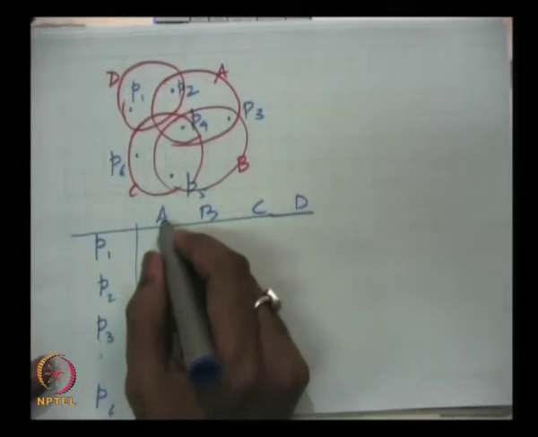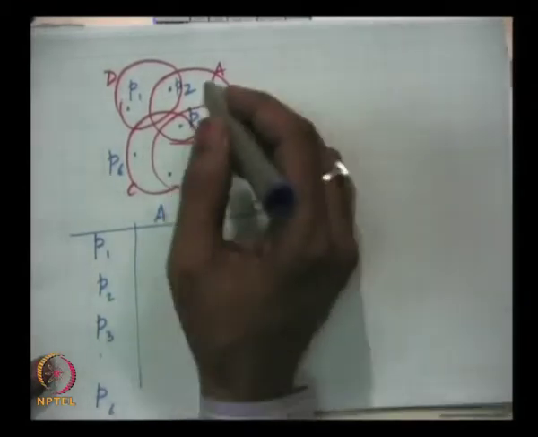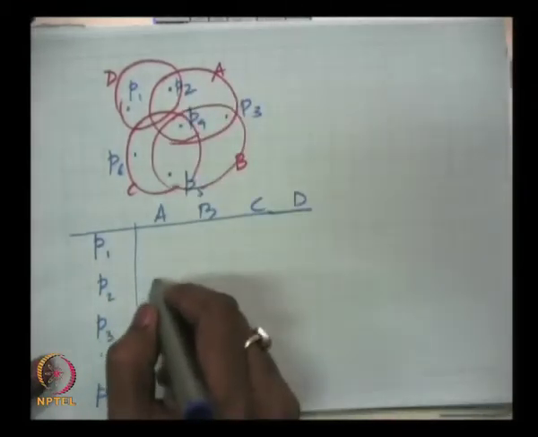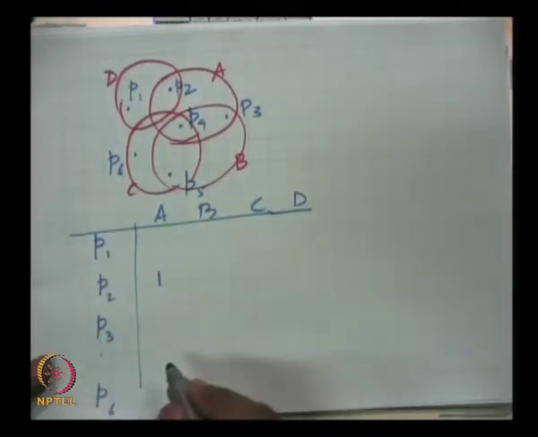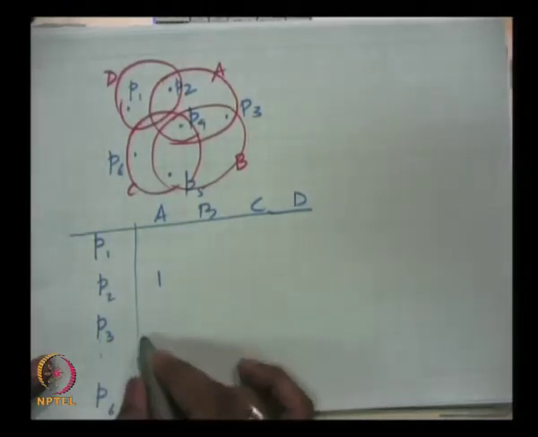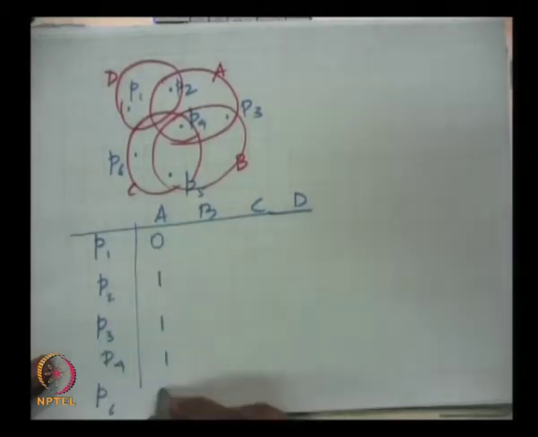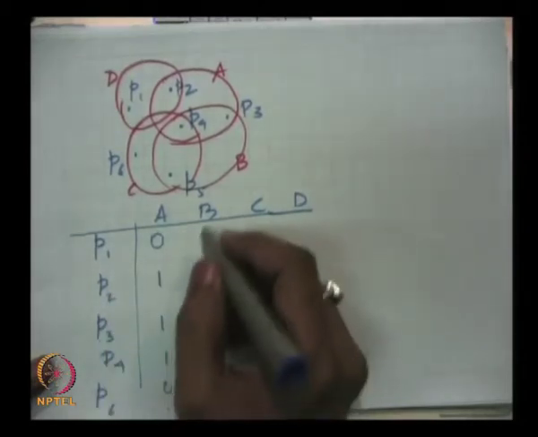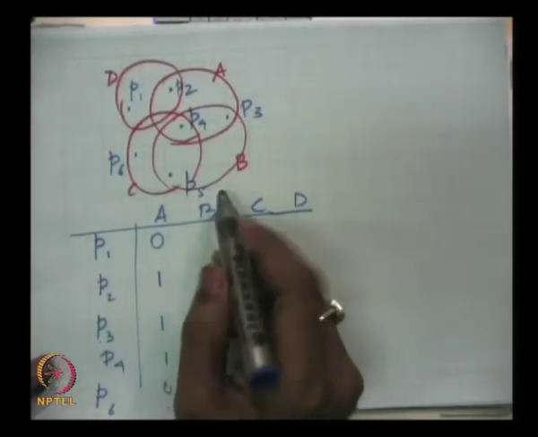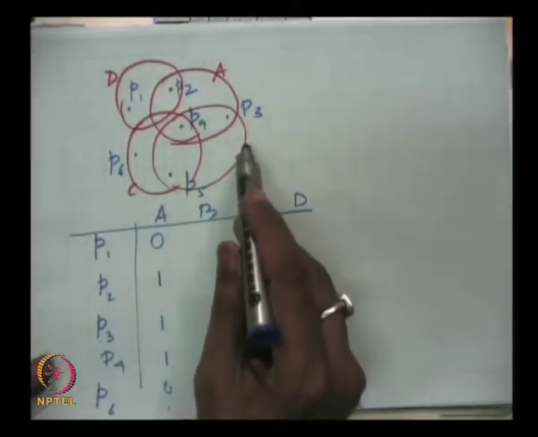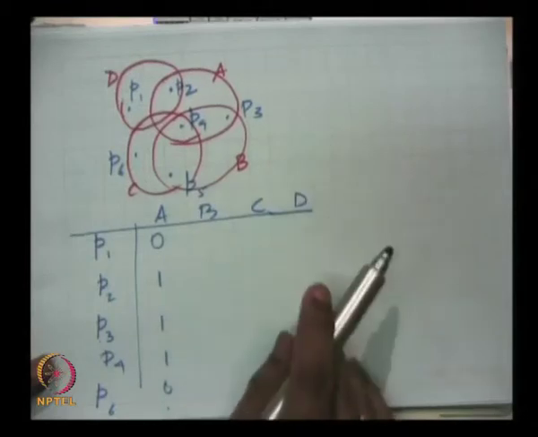So, A contains P2 and P4 and P3, and the rest is all zeros. So, if I just write the incidence matrix, that is one way of representing the same range space, right.